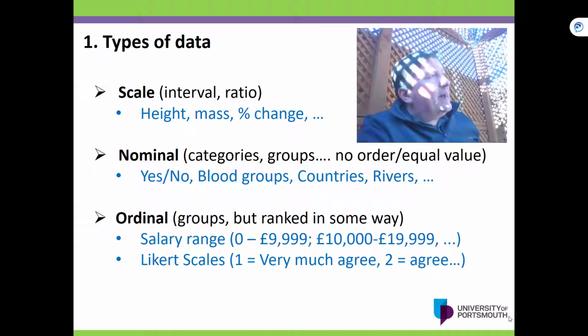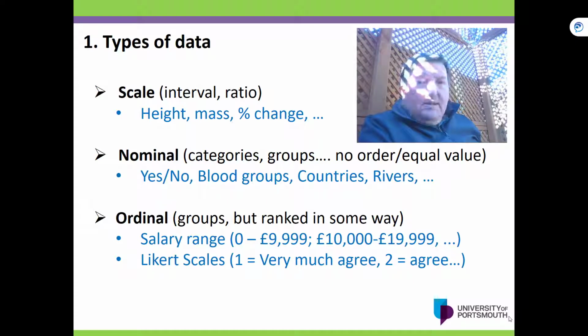So there's different types of data. If you think about some properties such as height, mass, percentage change, these are all what's known as scale properties, or interval, might be called ratio data. So these have a varying sort of continuous number. And there's another type of data called nominal data.